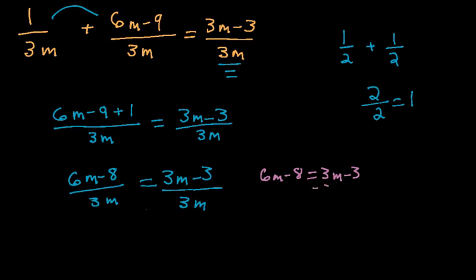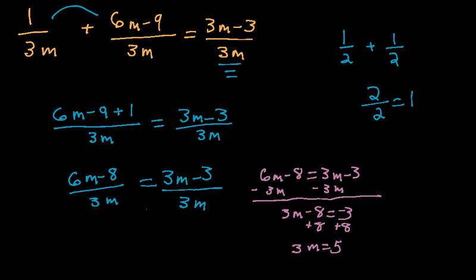We subtract 3m on both sides, so 3m minus 8 equals -3. Add 8, so we have 3m equals 5. Divide both sides by 3, and we have m equals 5 over 3.